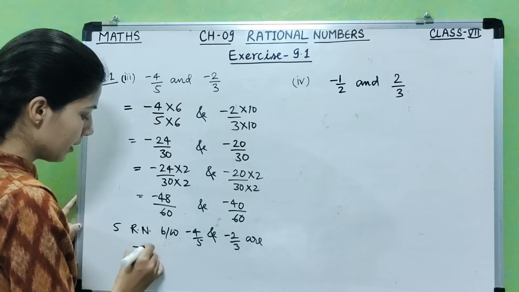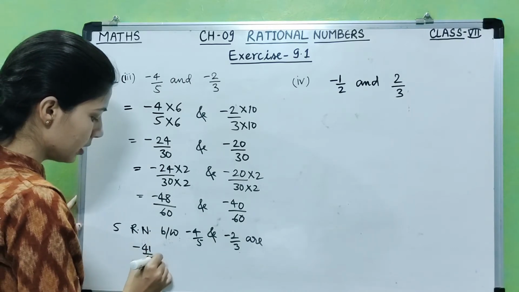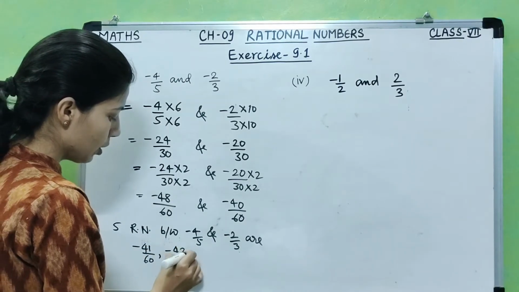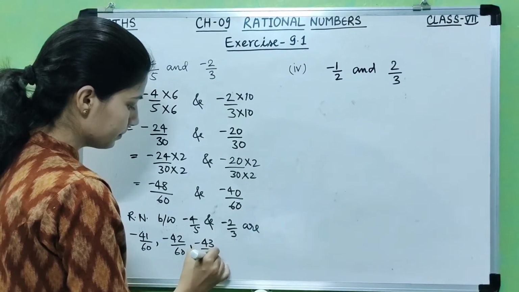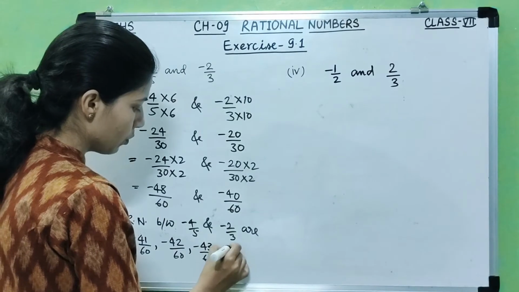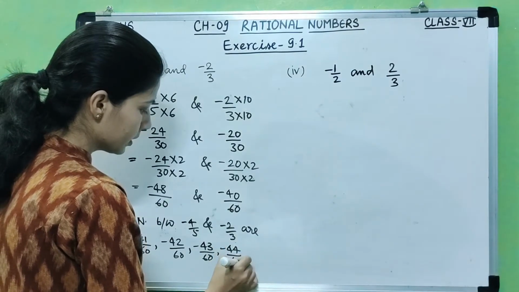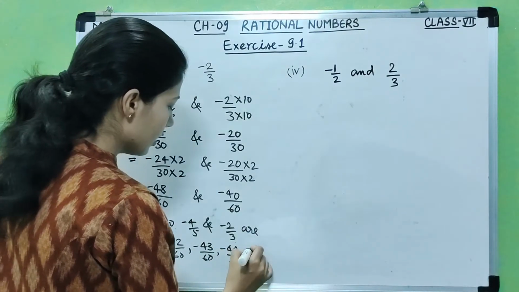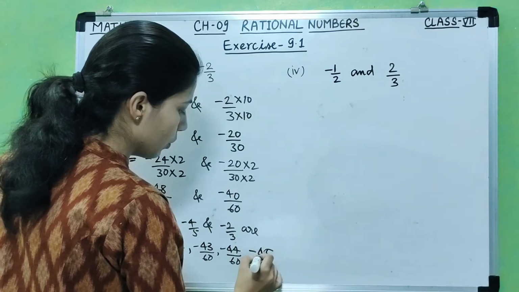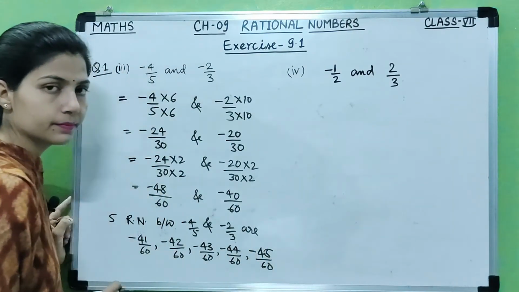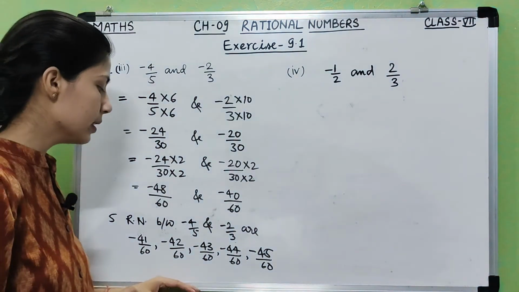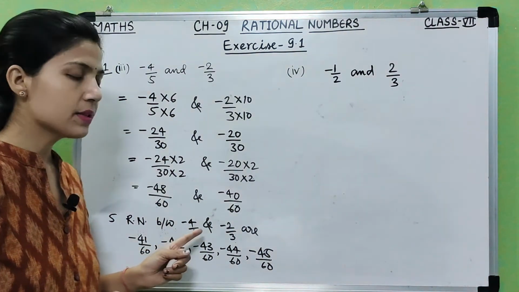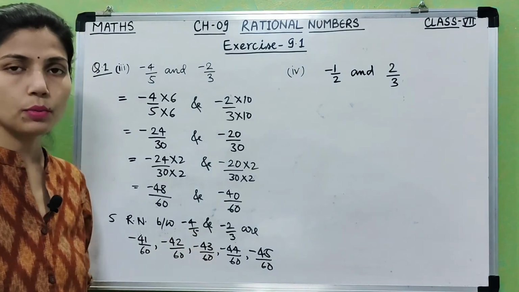Okay, so it can be -41/60, -42/60, -43/60, -44/60 and -45/60. Okay, so these are the 5 rational numbers which lie between -4/5 and -2/3.